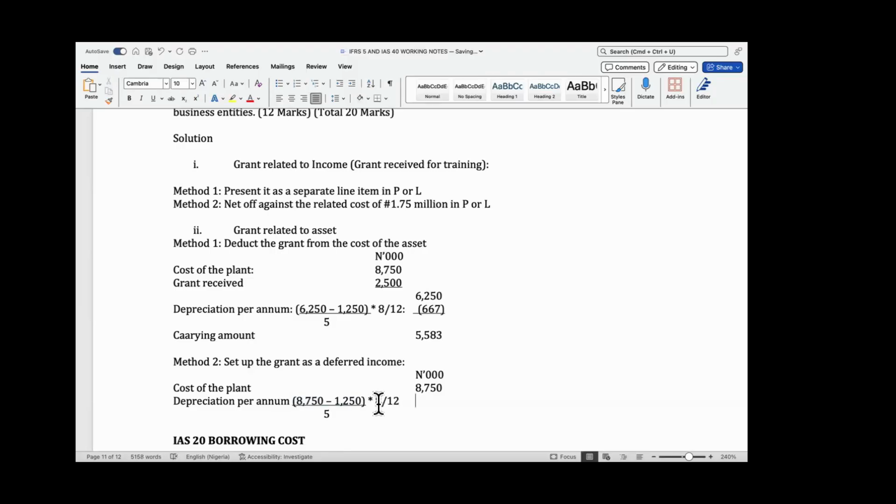That gives us 1,000. So what's my carrying amount in this case? 7,750.